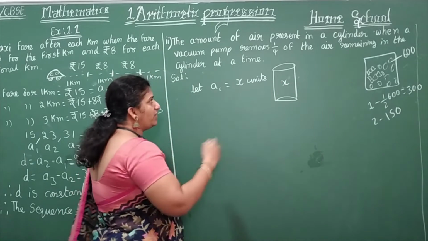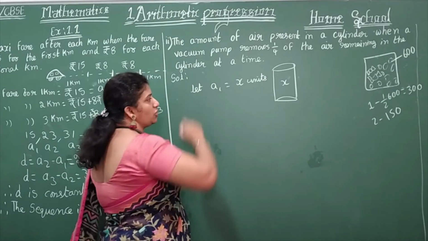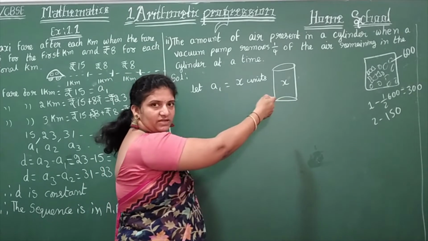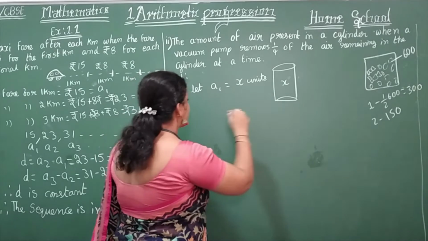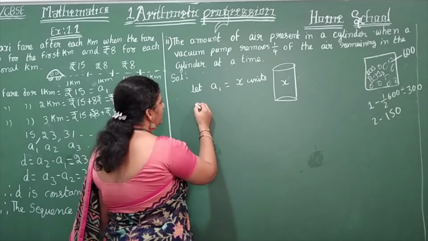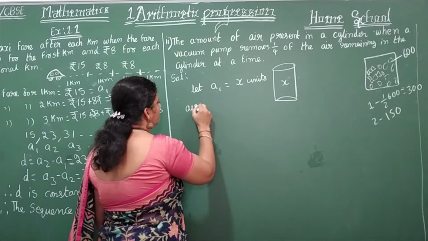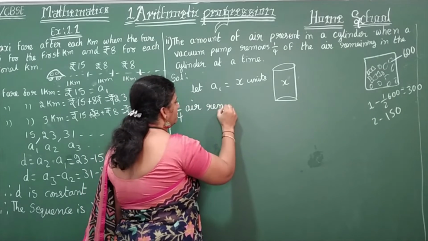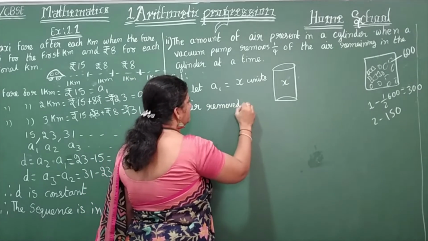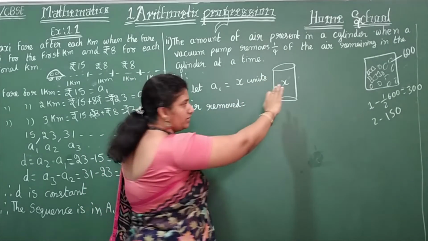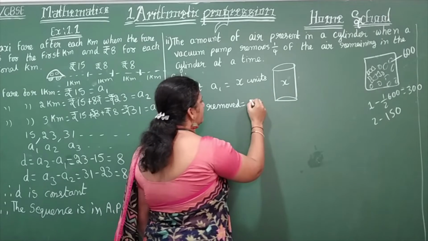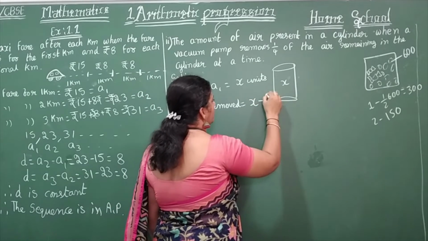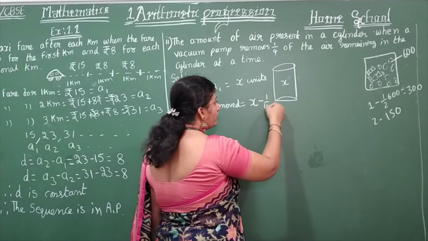Now every time, using a vacuum pump, 1/4 of the air present in the cylinder is removed. So the first time, 1/4 of the air is removed from the air contained in the cylinder. What are you going to write here? In X, you remove 1/4 of the air.